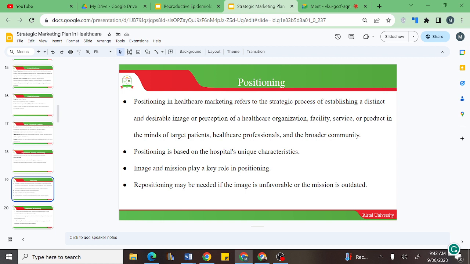You want to have this positive perception about everything about your facility in the minds of the target population or the target market or the target patients. It can also be about healthcare professionals and even the community at large. Okay, so this basically is to say that, you see, managing your reputation is very, very key.